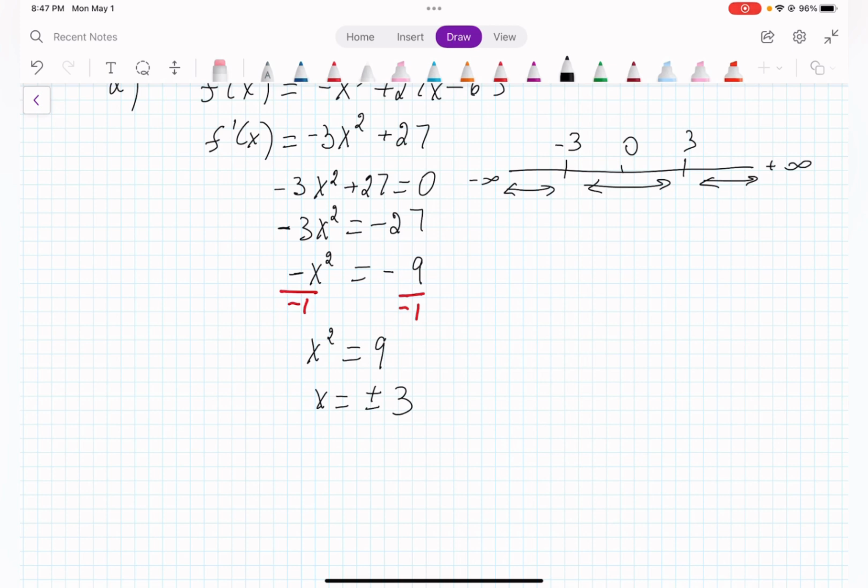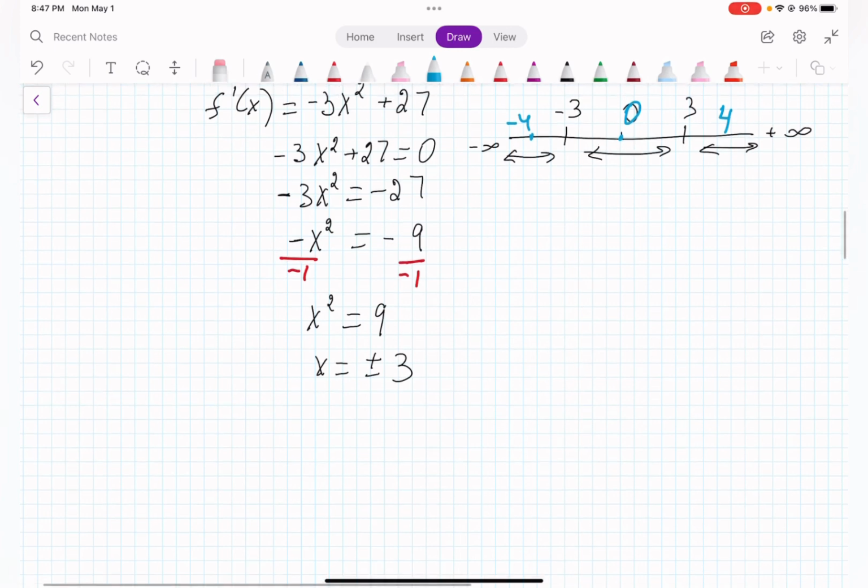Less than -3, which number do I want to take? Let's say -4. Between -3 and +3, I will take 0. And more than 3, I will take +4.